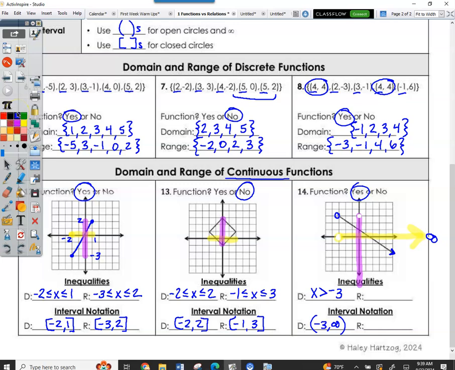So it's coming from negative infinity up to, let's see, positive 3. Open. So how do you write that as an inequality? Well, where's the infinity? It's to the left of the 3. So it's x is less than 3.